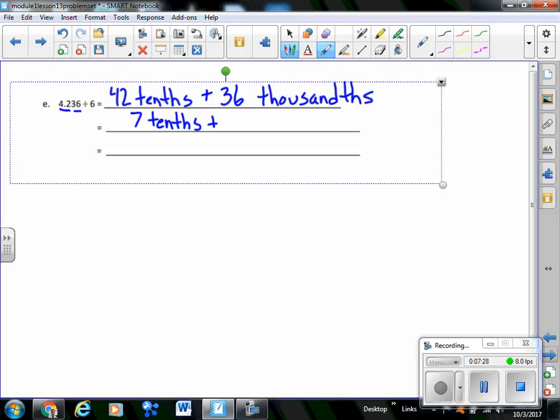Plus 6 goes into 36 for 6 thousandths. Remember, we're dividing. And now we're going to solve it. We have a 7 in the tenths. We have nothing in the hundredths. And we have a 6 in the thousandths.